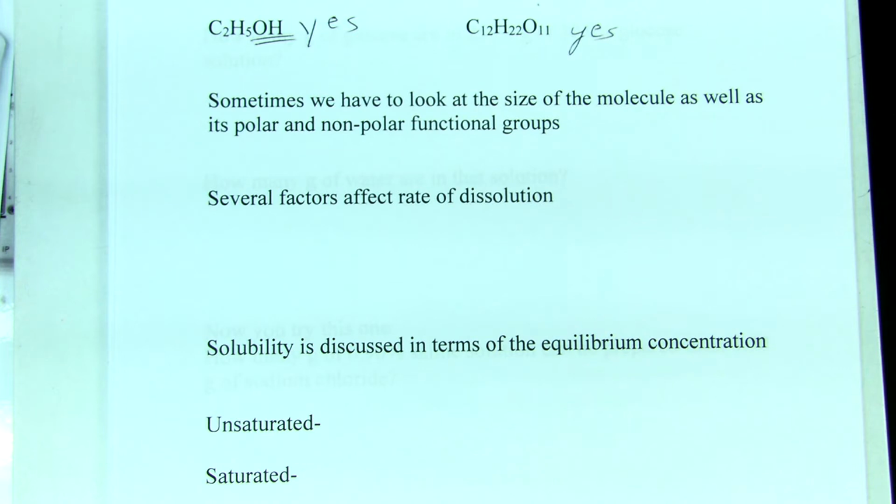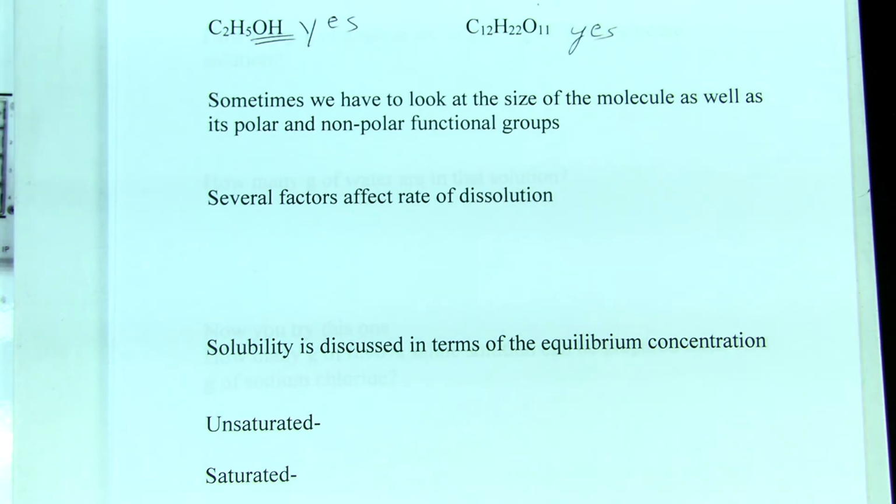Because if you get something that's really long chain hydrocarbon, say decanol, where you've got 10 carbons and then you have an OH at the end, the OH would make it want to dissolve in water, but there's so much big long tail of hydrocarbon that it's not very soluble in water. Okay, so there's a lot of things that affect solubility.